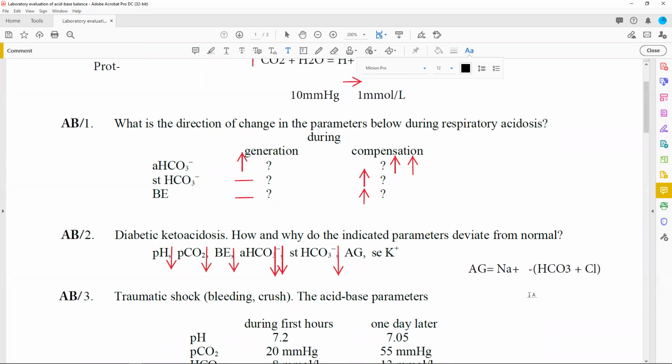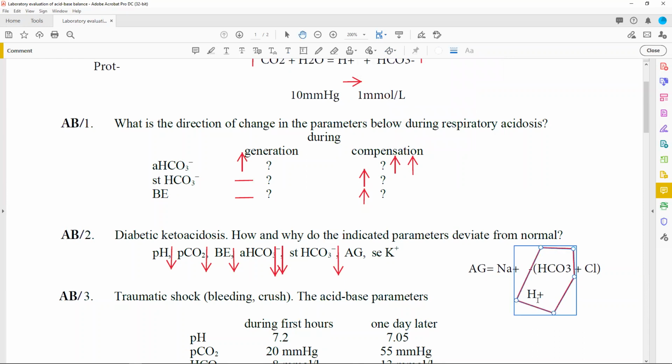Now, if you do have an acid produced, this acid is going to be neutralized by bicarbonate, okay?